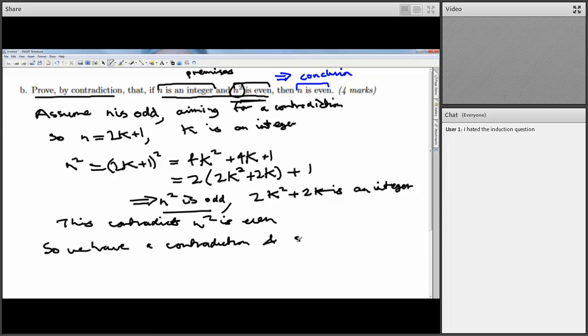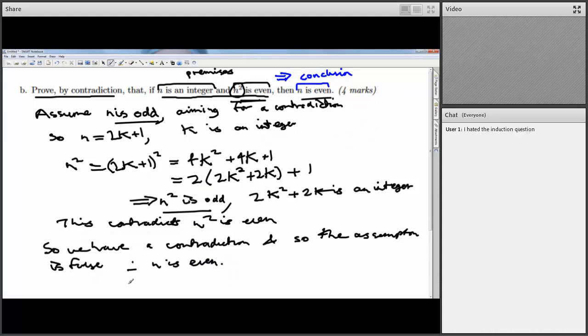And so the assumption we made is false. So the assumption is n is odd. So therefore, n is actually even, which is the conclusion we were trying to draw at the beginning in the first place.